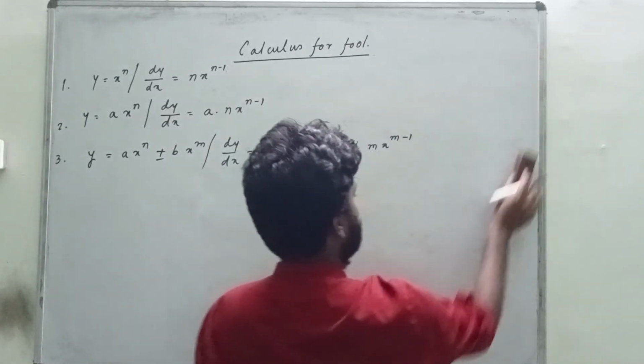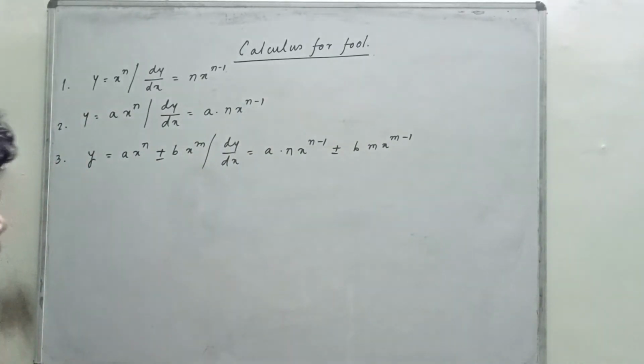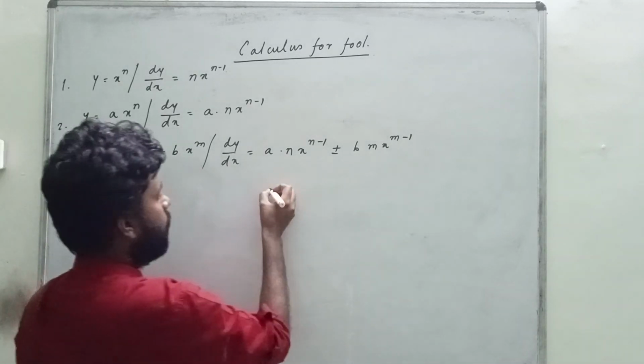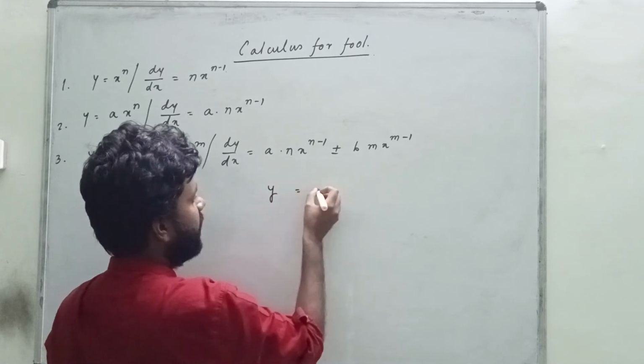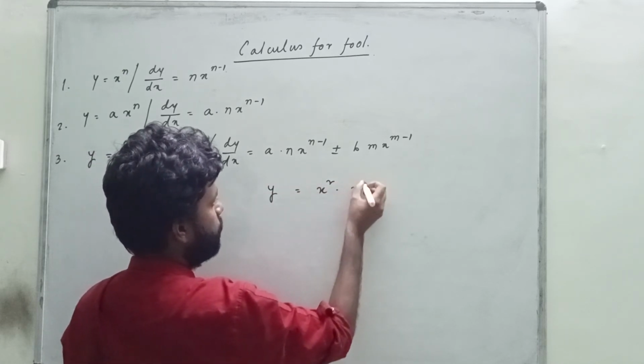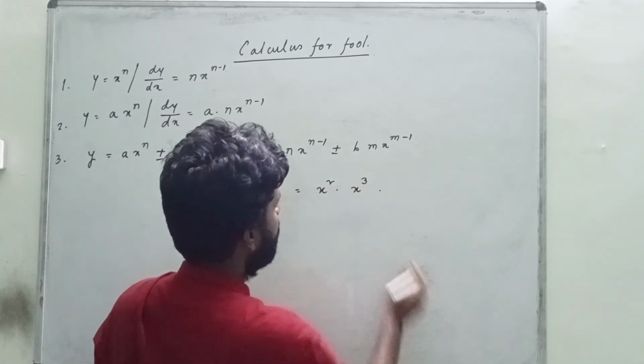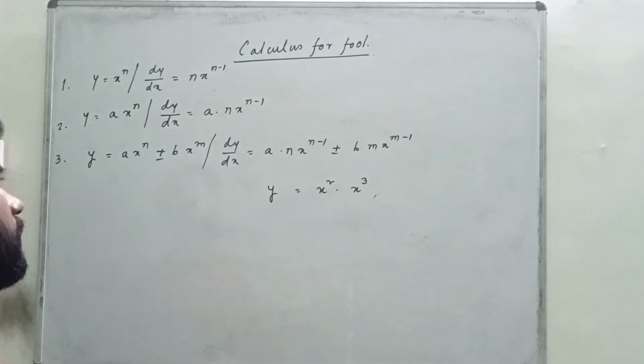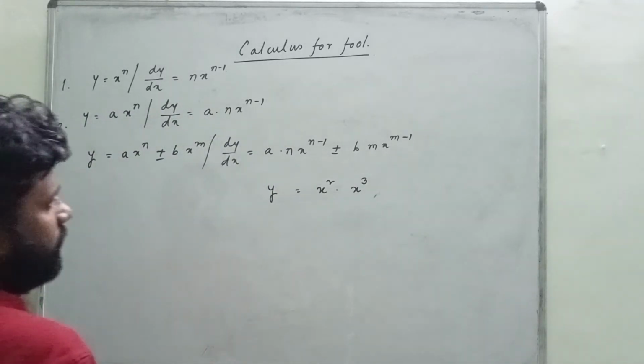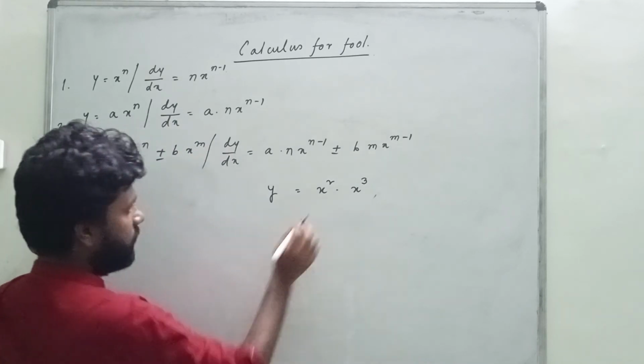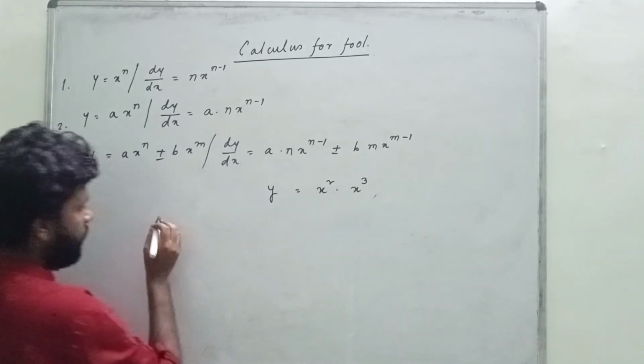Now if another relationship happens, if it is y equals x squared into x cubed, what will happen? One way you can proceed is process number 1.